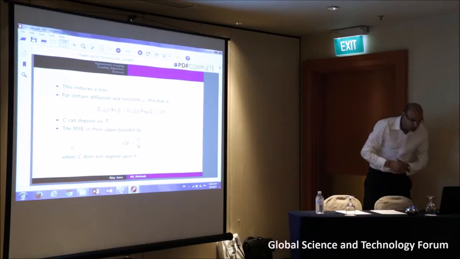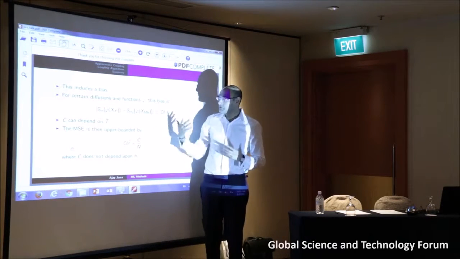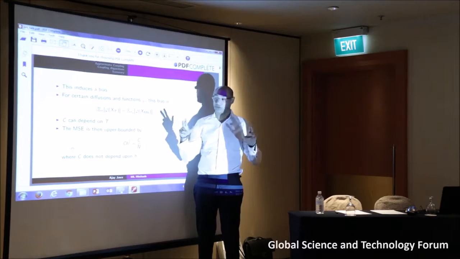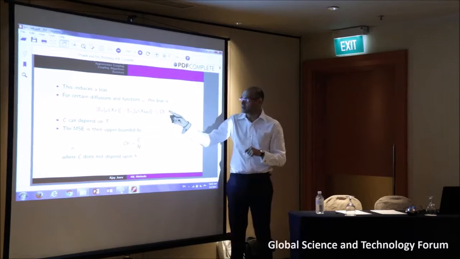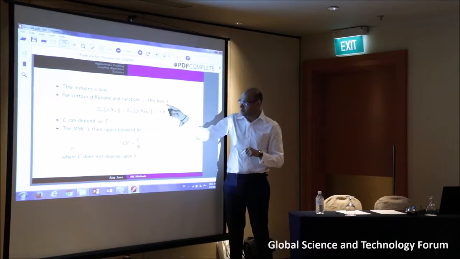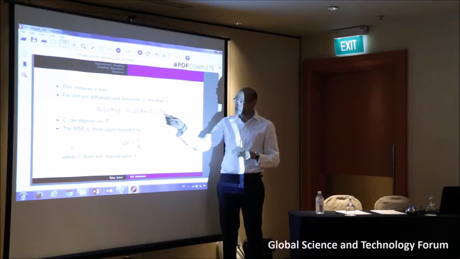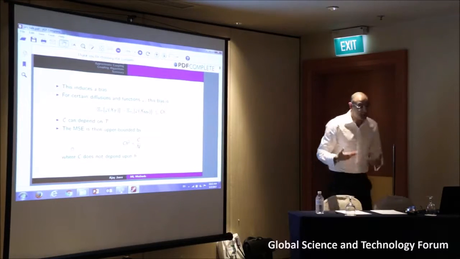So what one can show is that in the limit, as the number of samples grows large, you get a biased version of the expectation of interest, and it's upper bounded by something like this, for some functions and some diffusion processes. As h goes to 0, you get back the exact diffusion, so you can approximate it.